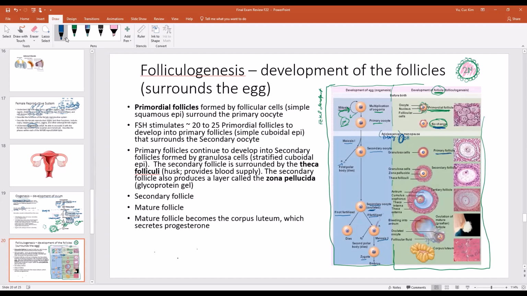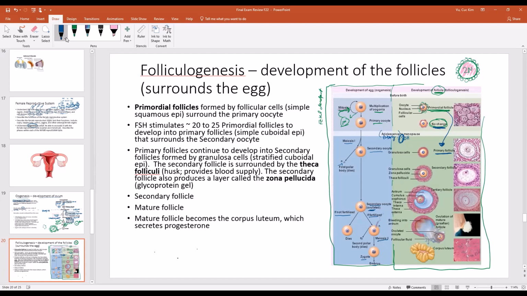The change in follicles. So the follicle stimulating hormone causes it to go from a primordial follicle to become a what? Primary follicle. Yes, ma'am.